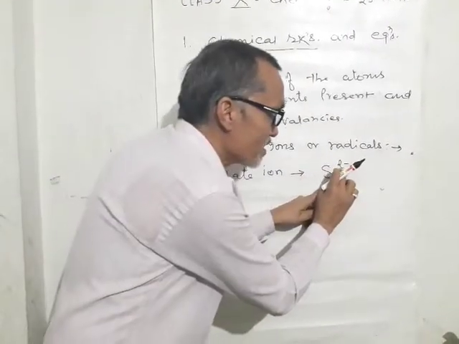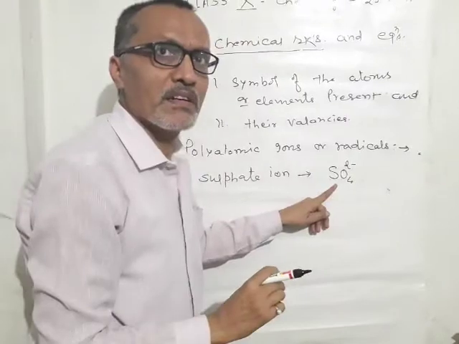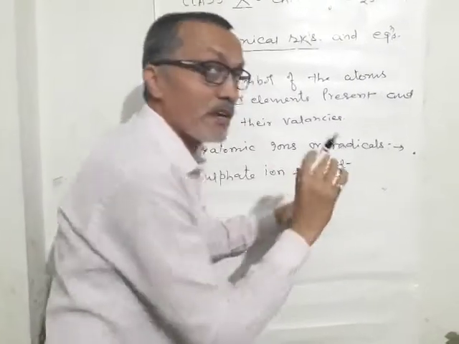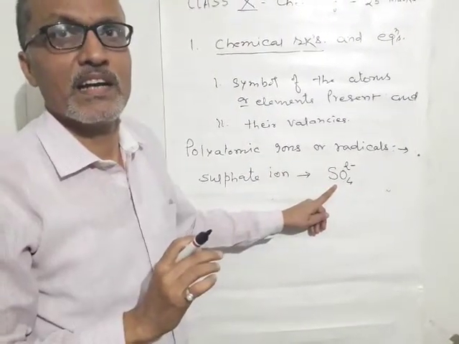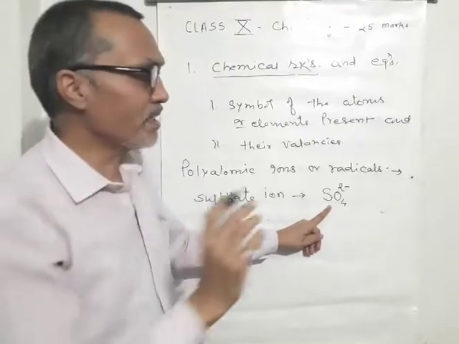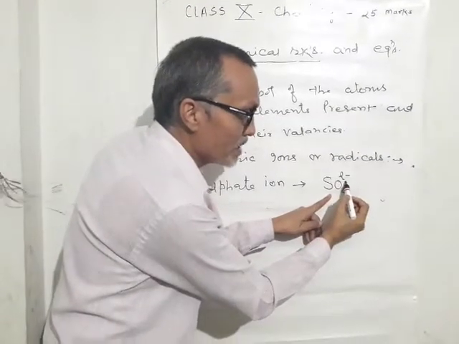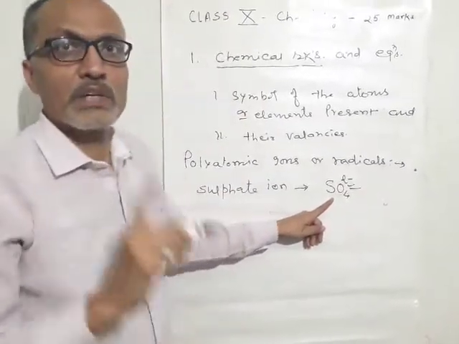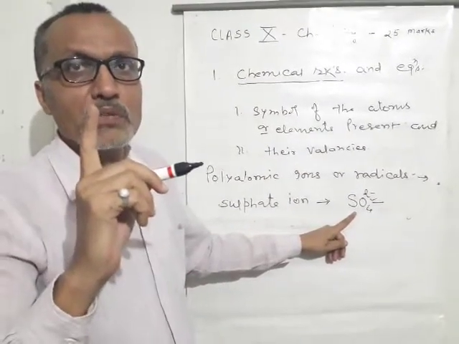This 2 minus is its valency. So you can think, if you don't know this, you cannot write a chemical formula.